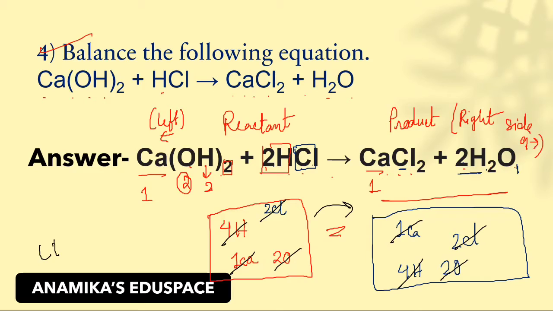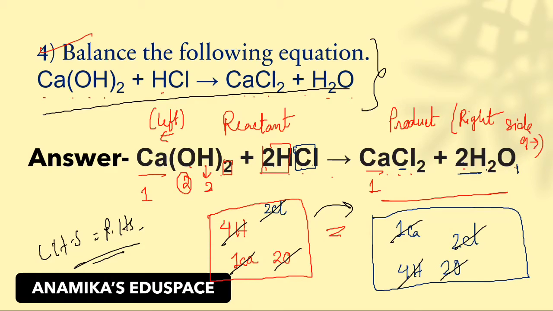So the LHS equals the RHS in this equation, as it is a balanced equation. But the equation given in the question is not balanced. Why? Because here 2 hydrogen and 1 hydrogen make 3 hydrogen, but on the other side there are 2 hydrogen. So it is not a balanced equation, but this one is equal. Clear? So like this we have to balance the equation.